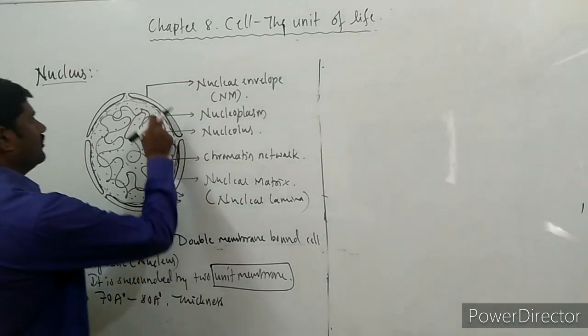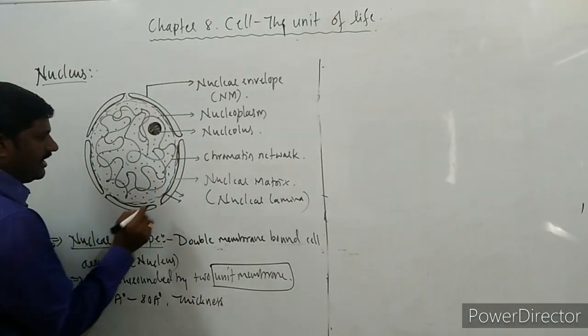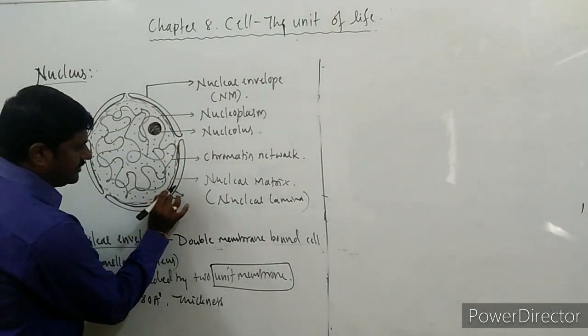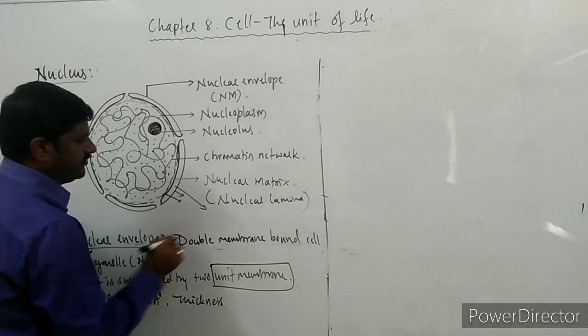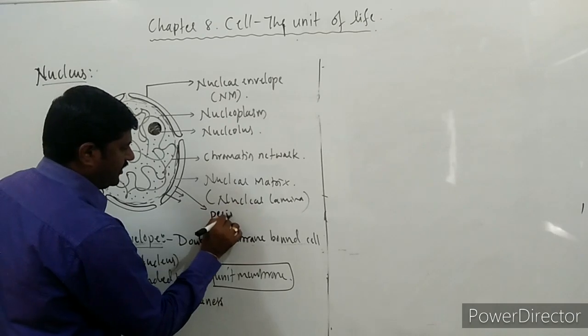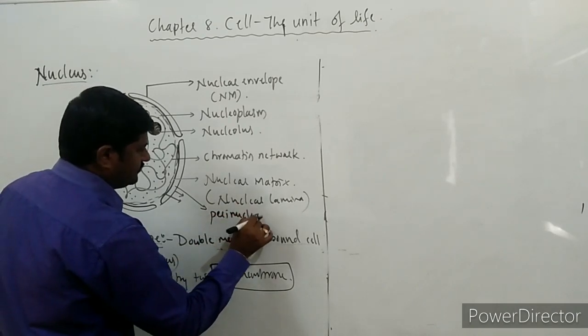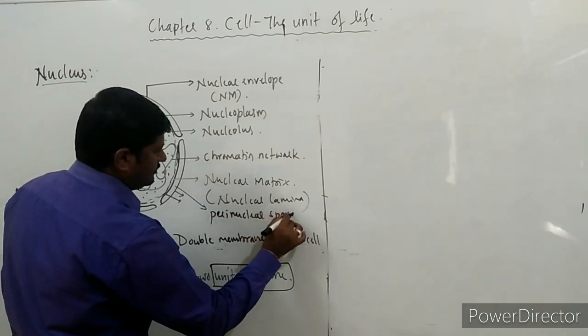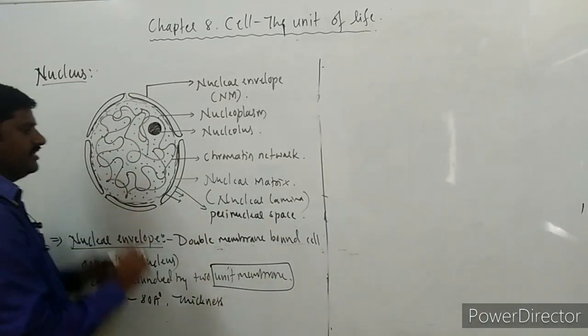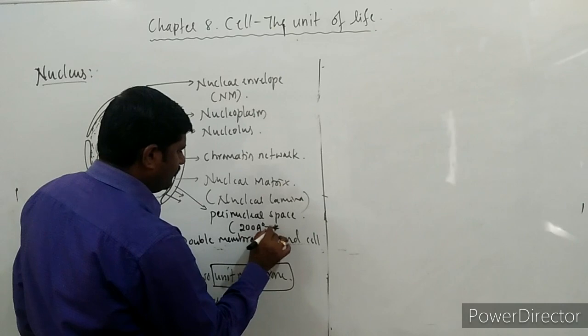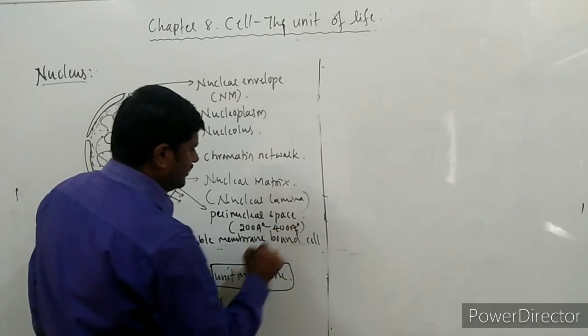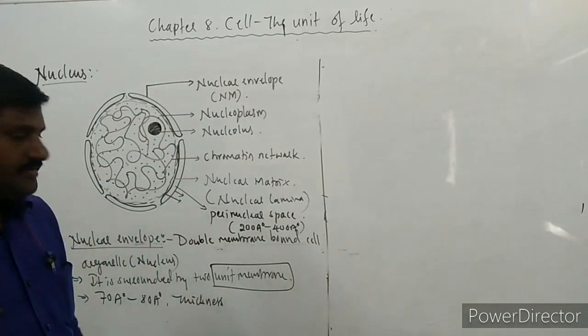And whenever you observe this membrane, you will find what? There is a space between two membranes, called the perinuclear space. This perinuclear space is about 200 angstrom units to 400 angstrom units in its diameter.